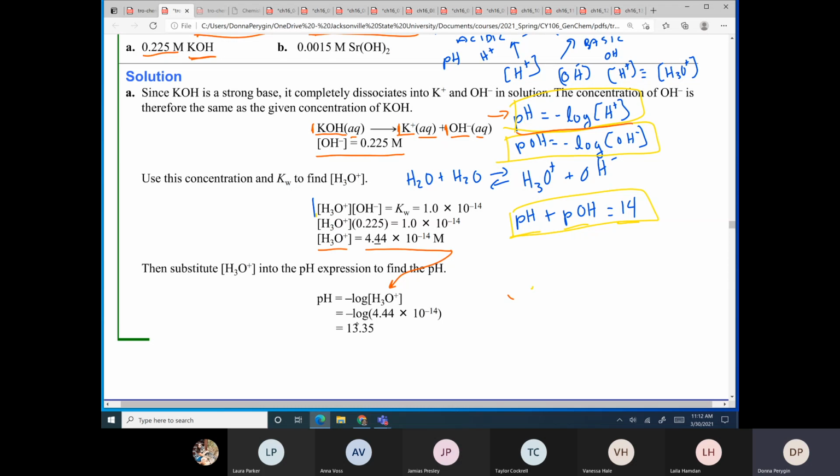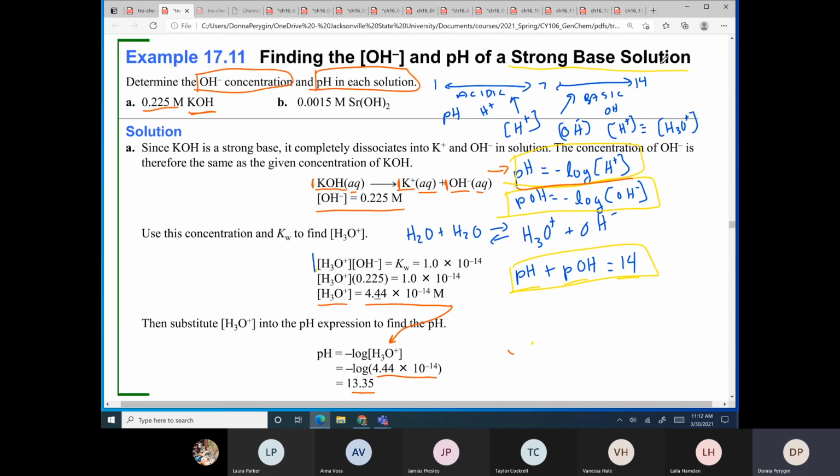So when you do that, pH is equal to negative log of 4.44 times 10 to the minus 14, which gives you 13.35, which makes sense because it's above 7. So you're going to be in the basic range here.